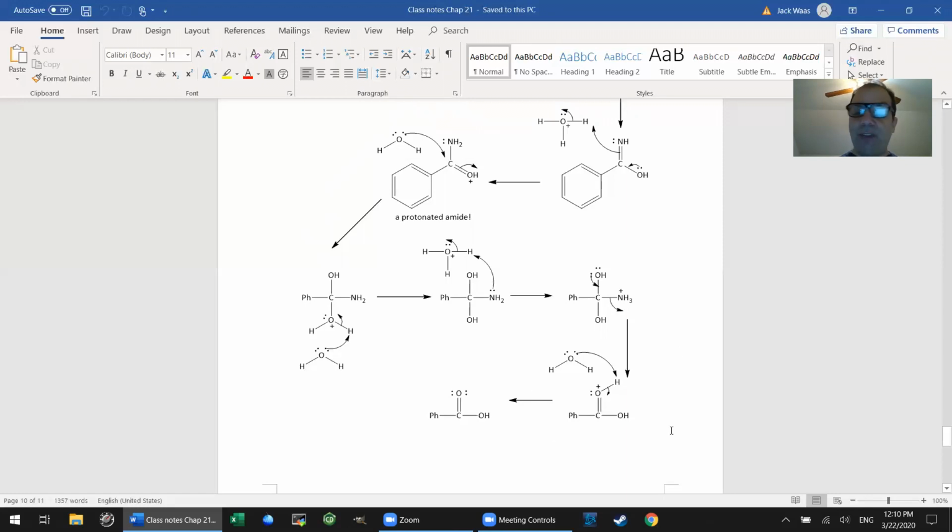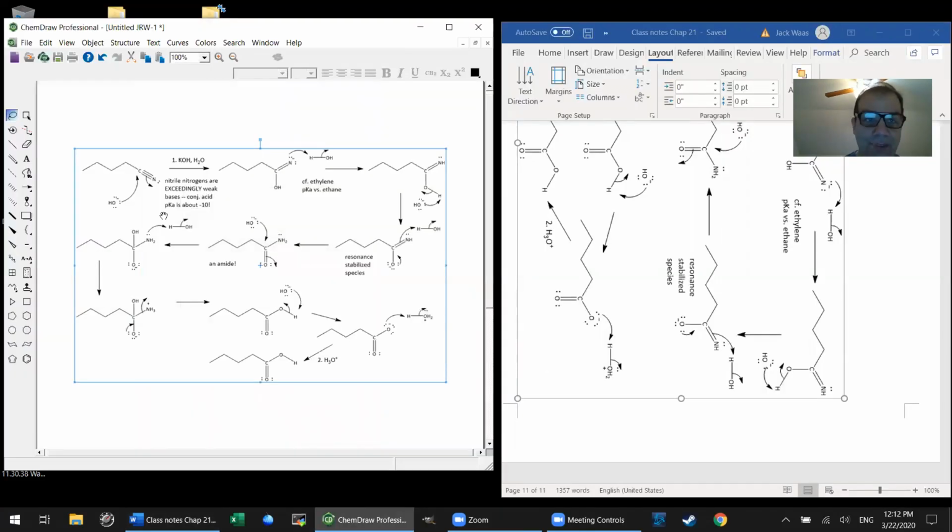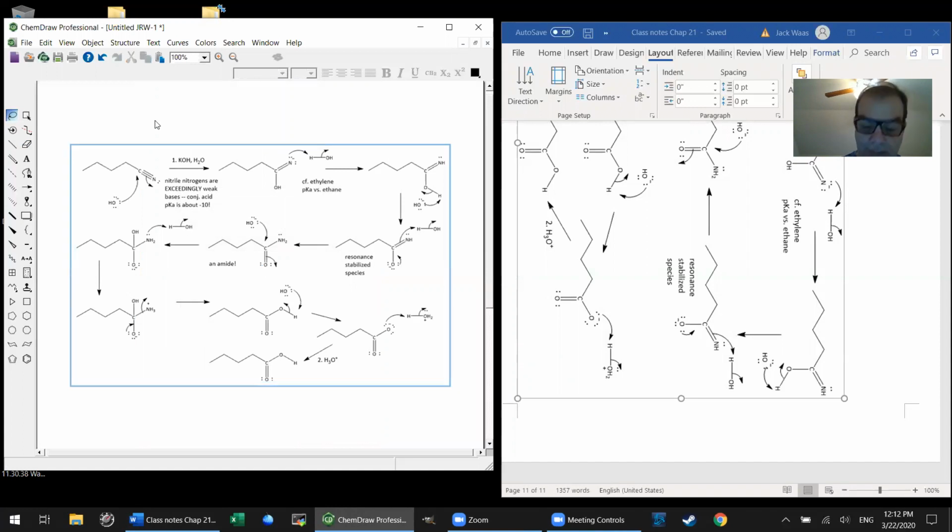But either way, there's not going to be enough of it to affect the course of the reaction. So again, our water pulls off our proton here, and we're done. We've hydrolyzed our nitrile or our amide and formed a carboxylic acid. Okay, so now we're in pretty good shape. Let's try to make that a little bit bigger so we can see it a little better.